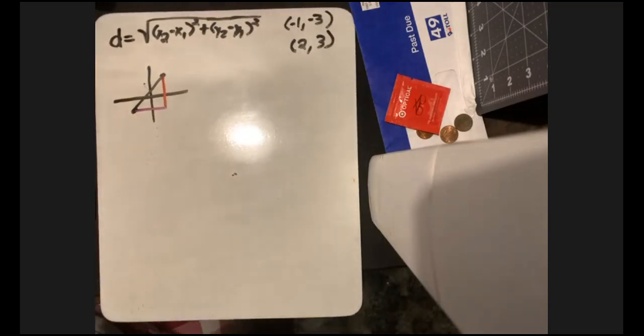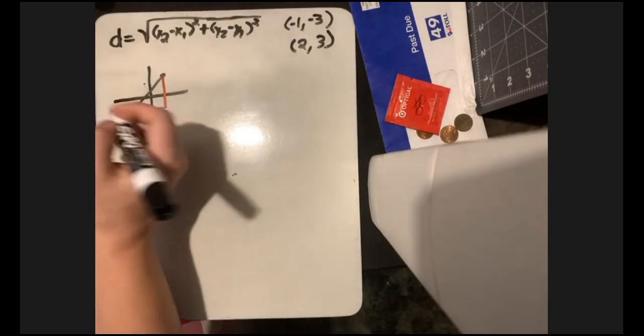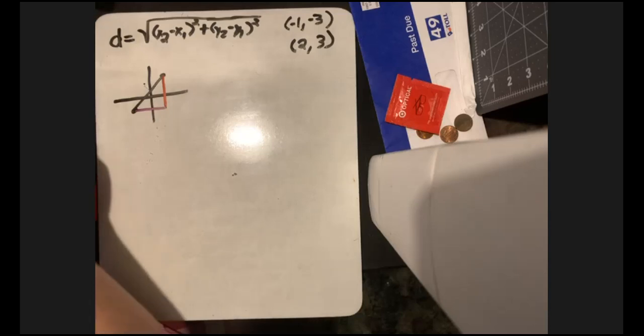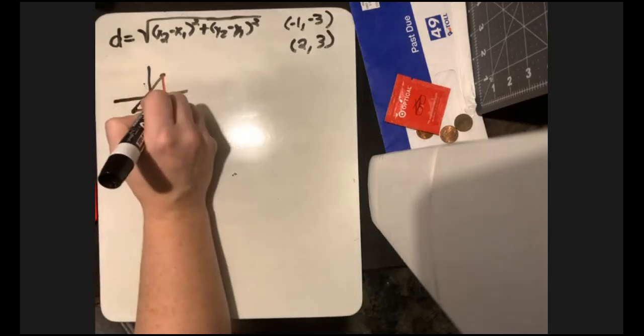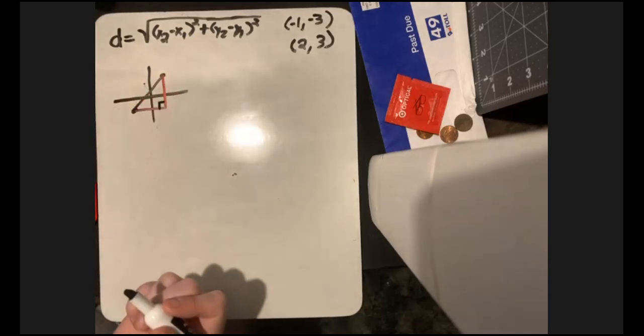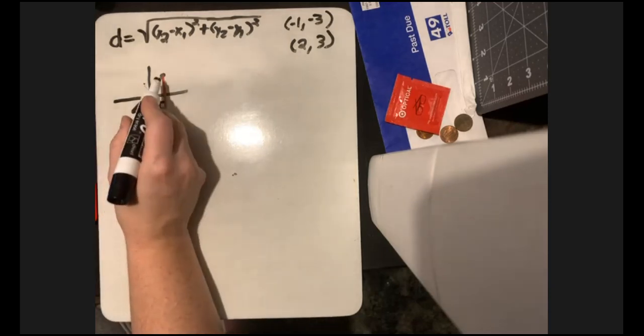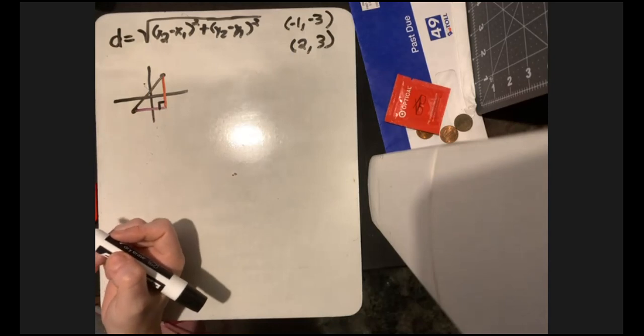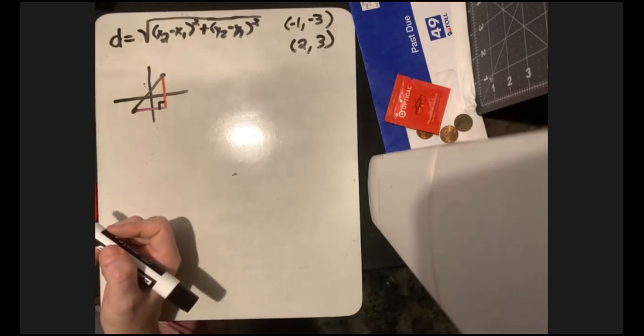What we know for a triangle is a squared plus b squared equals c squared, our Pythagorean theorem, because this is a right triangle, since this is a horizontal and a vertical line. And when we talked about lines, we know that vertical and horizontal lines are perpendicular to each other.